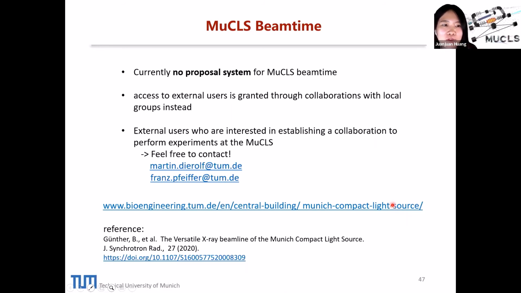Currently at MuCLS, it's not like a synchrotron, we don't have a proposal system for the beam time, and it's usually accessible to external users by being granted through collaborations with local groups. But of course, if anyone is interested in doing some collaboration work, please also feel free to contact my supervisor, Martin, and Professor Franz Pfeiffer.